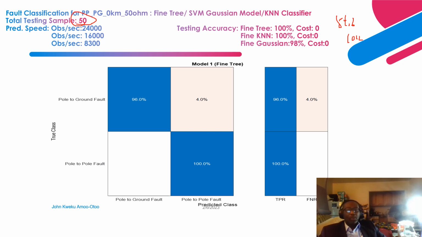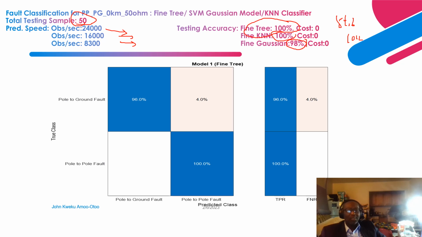For the testing accuracy, I was able to achieve 100% for the fine tree, and fine KNN, and 98% for fine Gaussian. The prediction speed is also another criterion, very, very important.